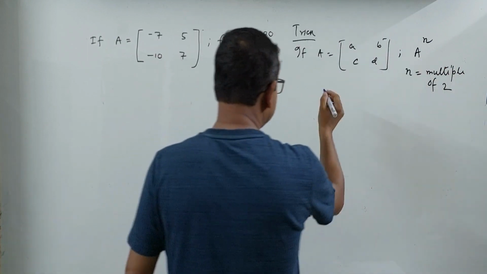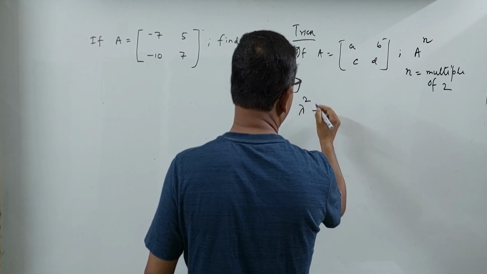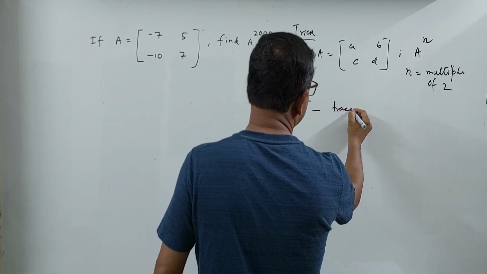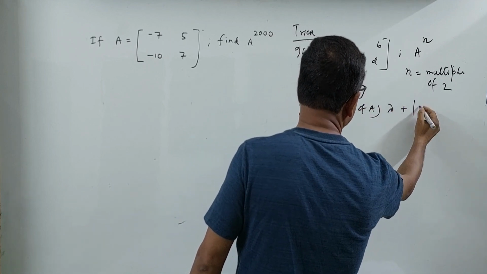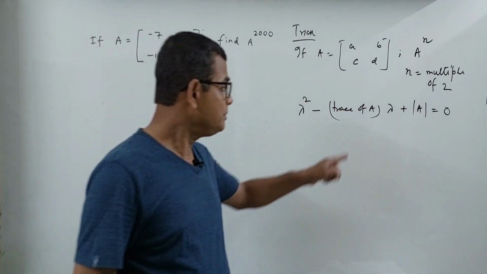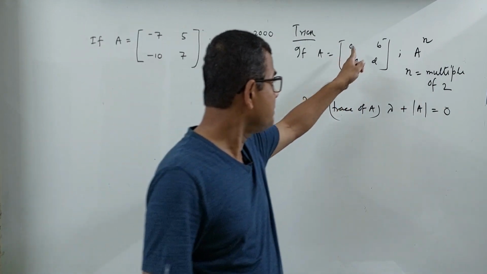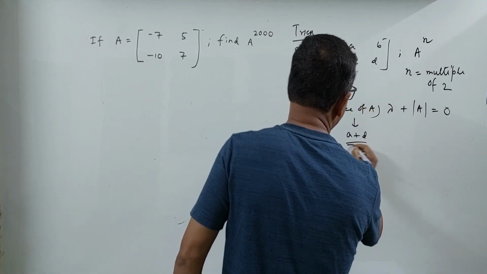Now the characteristic equation is lambda square minus trace of A into lambda plus determinant A equal to 0. What is trace of A? Trace of A is the sum of diagonal elements, that is here a plus d.